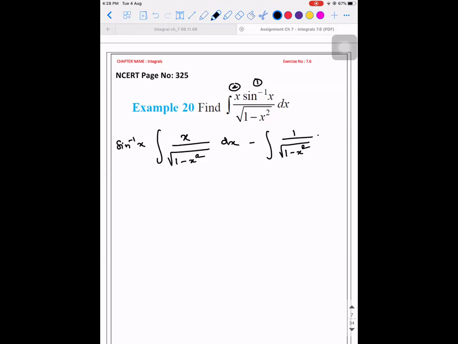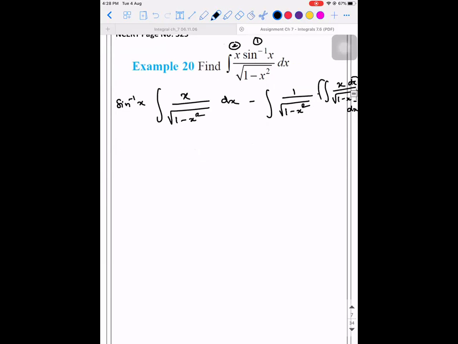This whole thing is integration with respect to x. Is there any doubt in this step? Is there any doubt in what I did? No, sir. Is everyone clear?